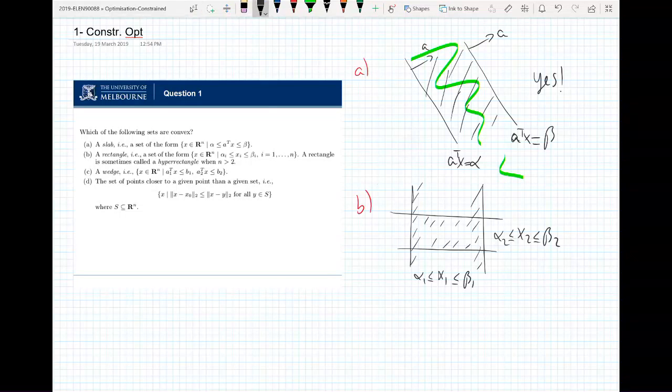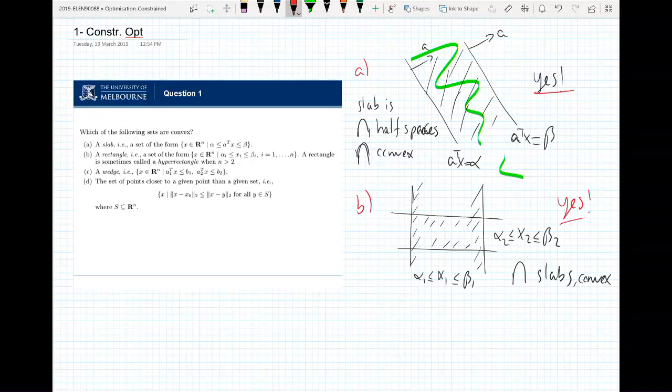So this is maybe just to say a slab is an intersection of half spaces, and then an intersection of convex sets, therefore it is convex. In the same way, an intersection of slabs, which are convex, is convex. Make sense? It also gives you a feeling for what possible shapes there are.